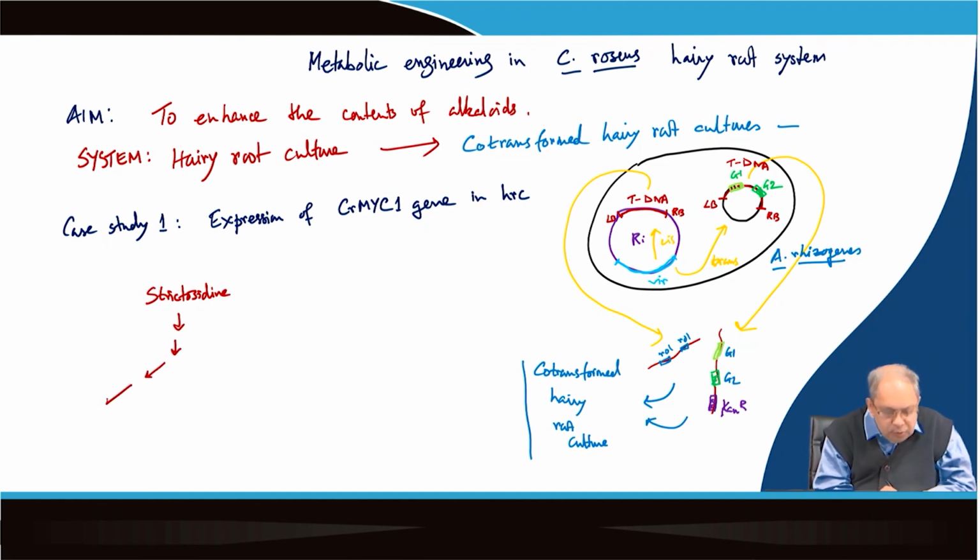So, one route goes to ajmalicine and the other route goes to catharanthine. This is formed by joining two substrates, one is secologanin and the other is tryptamine.